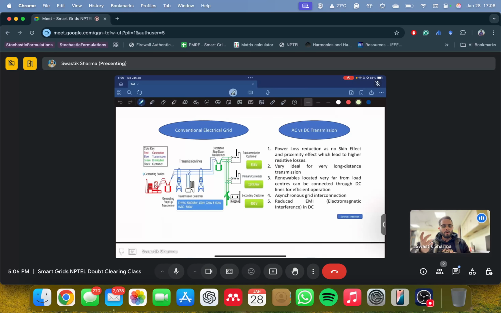So that's what is happening in this course. We are going to talk about why smart grids are necessary, because of the increasing technological advancements at present. The conventional electrical grid had three verticals only: generation, transmission, and distribution, right? Generators generate electricity.